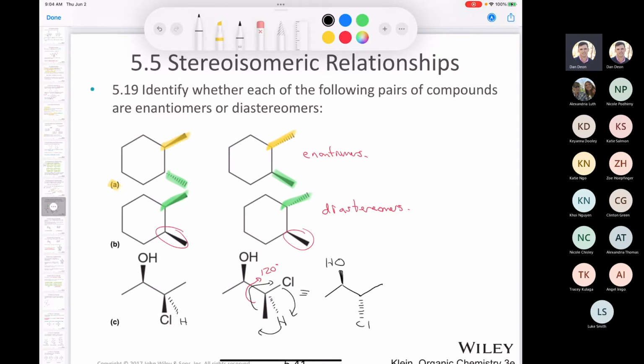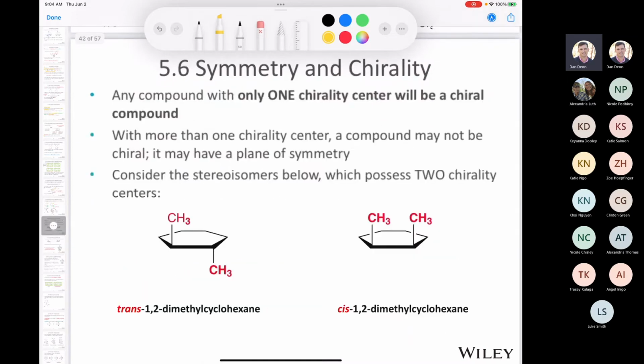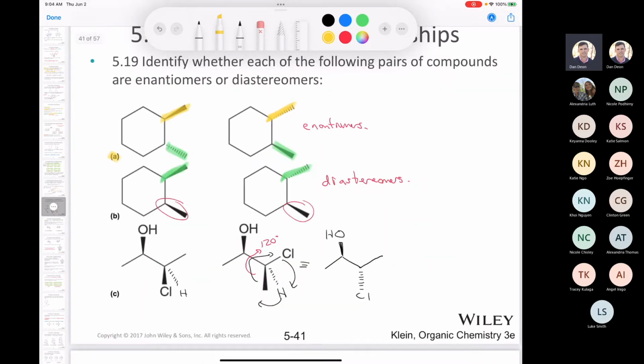And so we can see that this wedge is still a wedge, but this wedge became a dash. So these are diastereomers. That's one way of solving the problem. So these two compounds are, in fact, diastereomers. I'm not going to go over solving the entire thing right now in terms of determining the stereochemistry of each stereocenter.